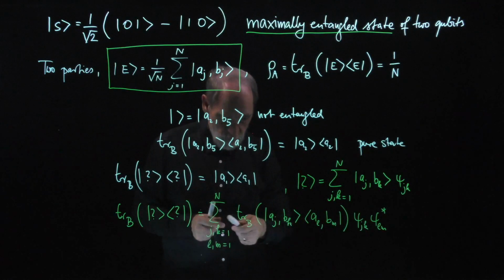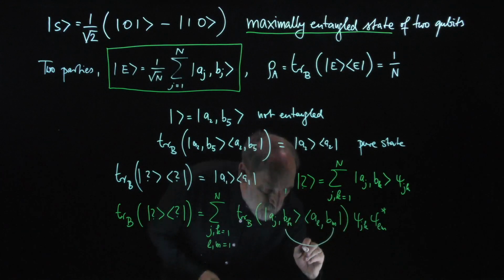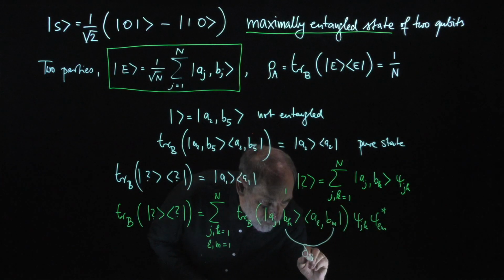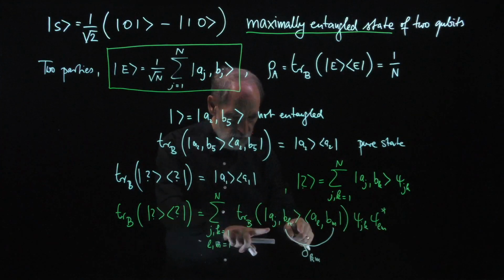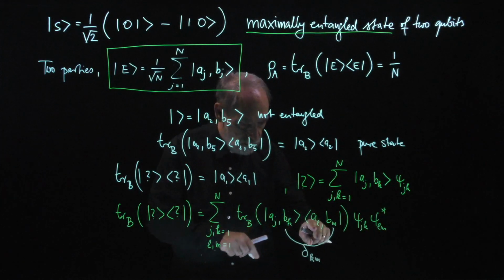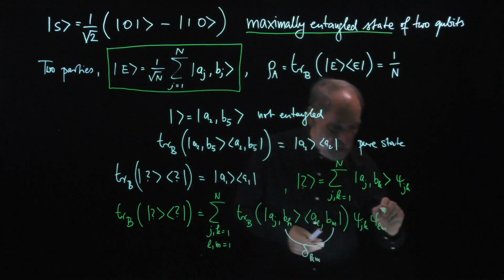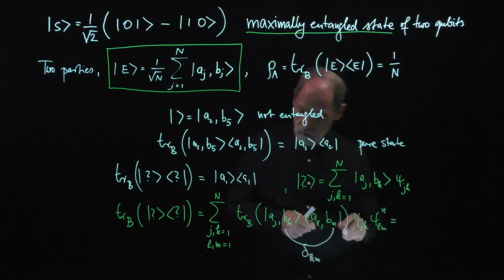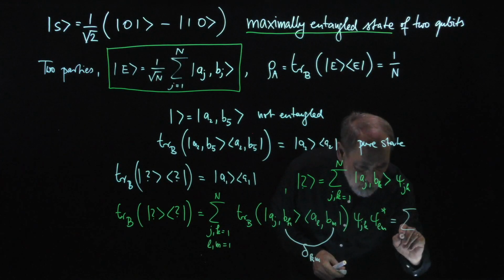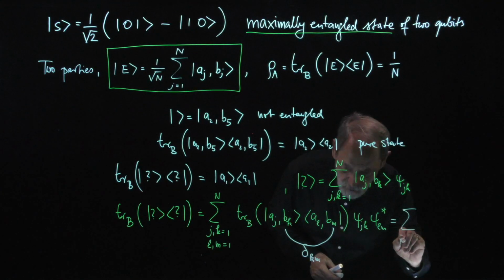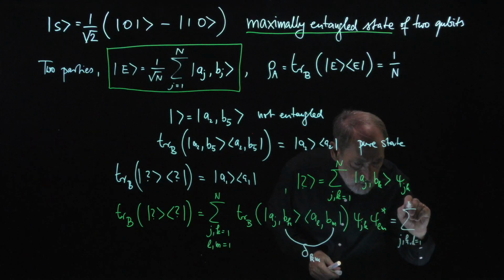Now we trace out property B, and that will produce a Kronecker delta for K and M, and it will leave the Aj ket and the AL bra as leftovers. So we have finished with this, and we have the sum over J and K and L from 1 to n.